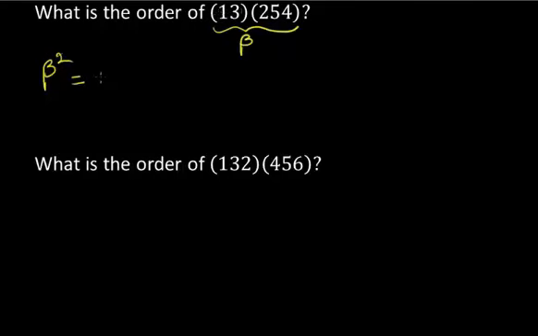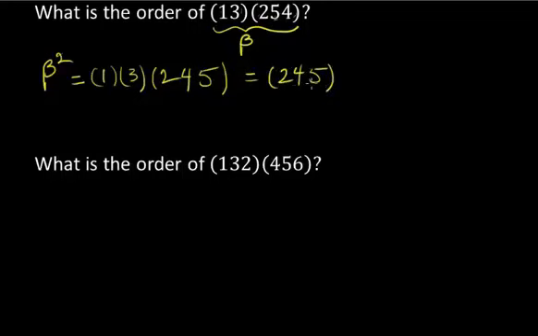So 1 and 3 are going to be fixed. If you want to write those down, you get this. You don't need to. Now, 2 will be sent to 5 by beta and then 4 by beta again. So 2 goes to 4, and 4, skipping over, will go to 5. And 5 will go to 4 and then to 2. So beta squared is just the 3-cycle 2, 4, 5.